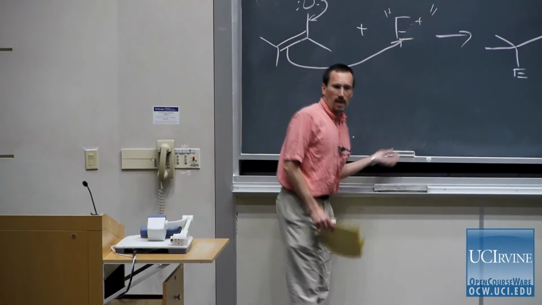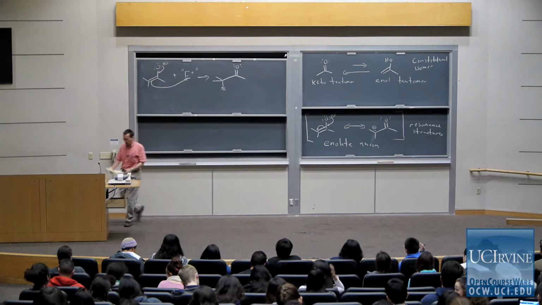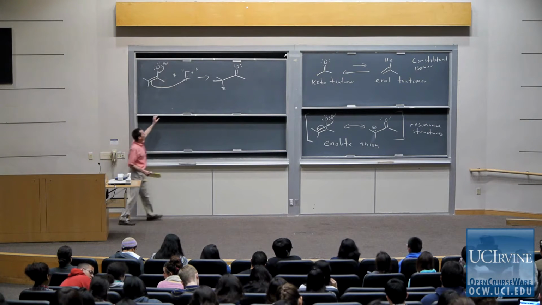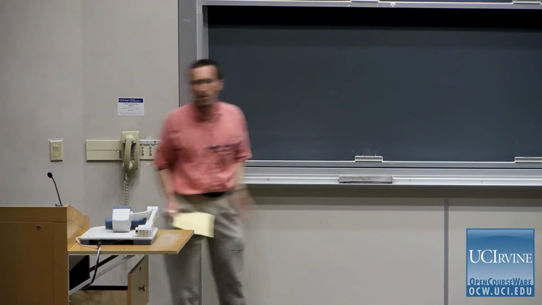Okay, so that constitutes the reactivity of enolates, and I just want to take a moment before I take questions to talk about the reactivity of enols, again, overviewed in this very, very generic fashion.